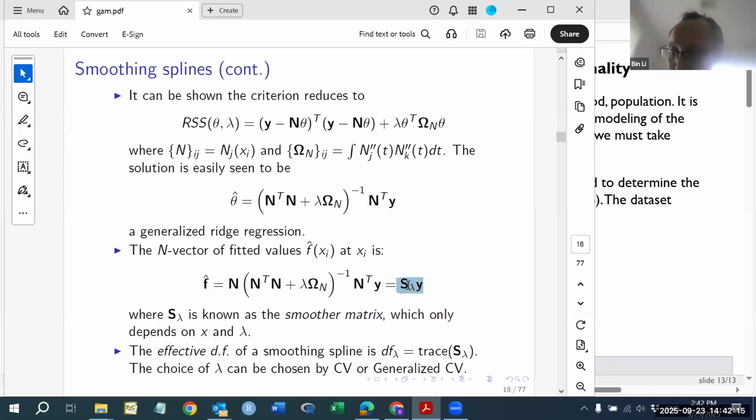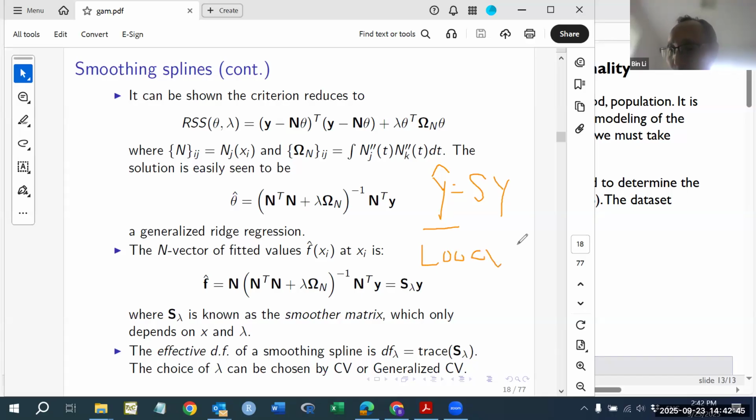Remember, I showed you these forms before. If we have a model, we can represent the y hat through a projection matrix times y. And this model is called what? Remember that? We talked about that in the leave one out cross-validation.